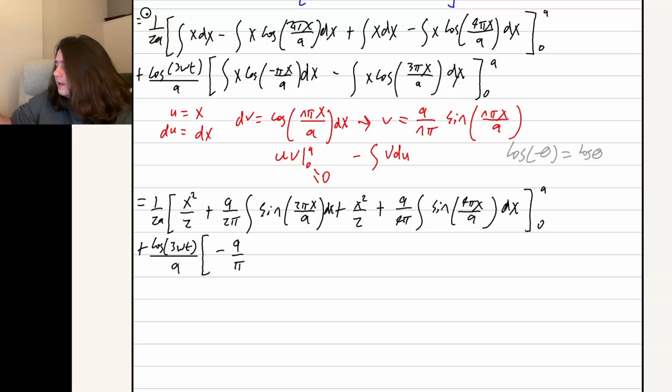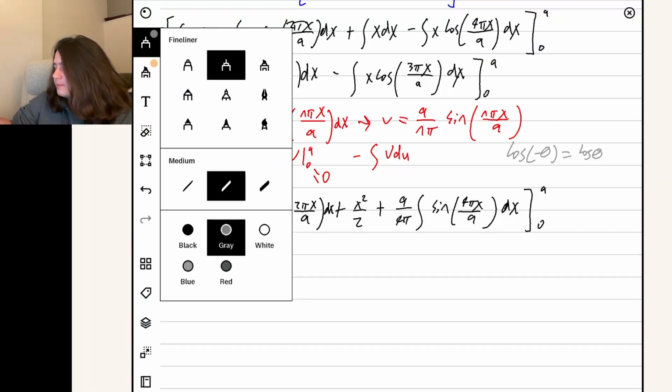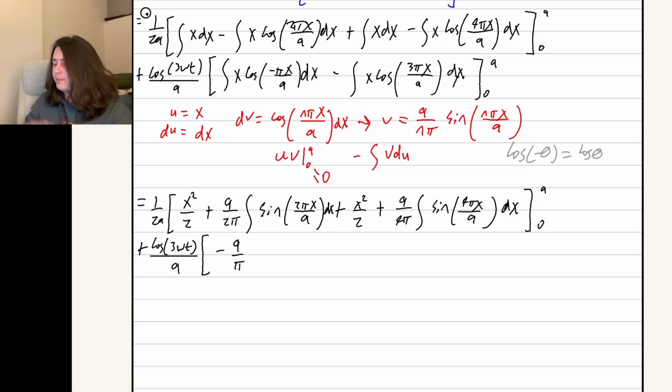And so I'm just treating pi x over a the same as negative pi x over a for reasons of minus sign cohesion.